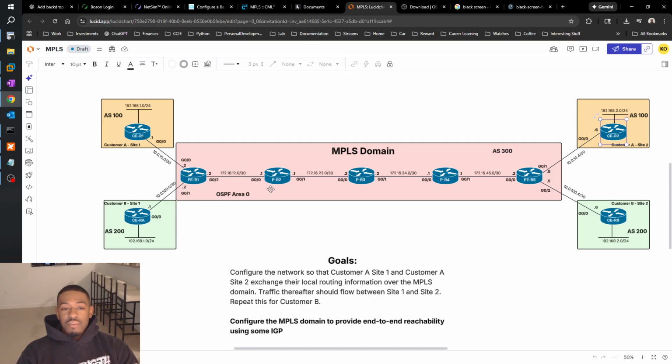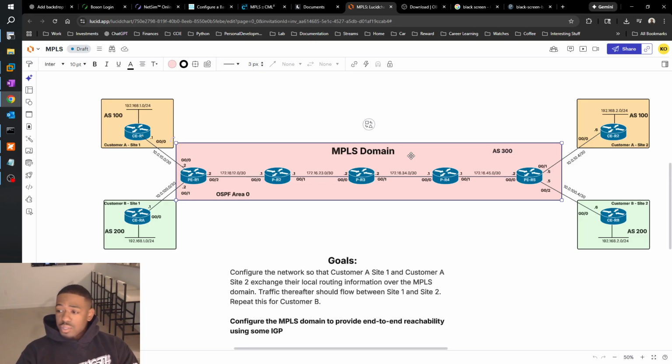And then we need to have everything in the MPLS domain be able to communicate as well. So with all of that, we have to configure OSPF, we have to configure BGP, we have to share and advertise routes, and then we get to the MPLS part, right?